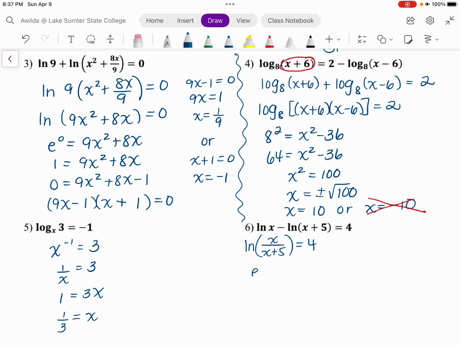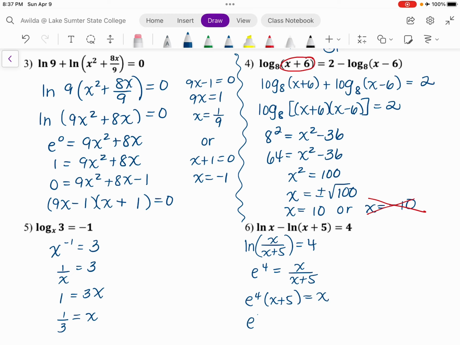So we'll write e to the 4th power is equal to x over x plus 5. Now we have the variable in two different locations, the numerator and the denominator. Let's start to attempt to isolate x by multiplying both sides by x plus 5. So we have e to the 4th power times x plus 5 equals x.